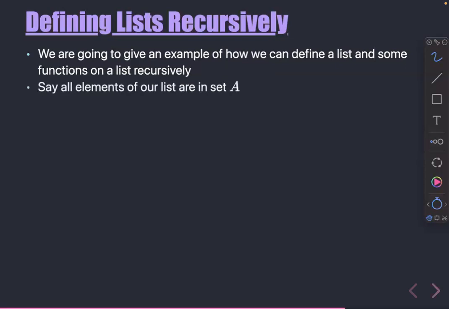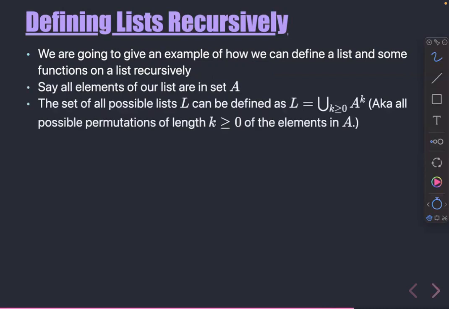So say all elements of our list are in set A. And so you can say the set of all possible lists L is basically a union of all element combinations of elements of A. Or sorry, not combinations, permutations, because we're considering ordering. So it's all possible permutations of length K of the elements in A. This is how I would use set notation to write that.